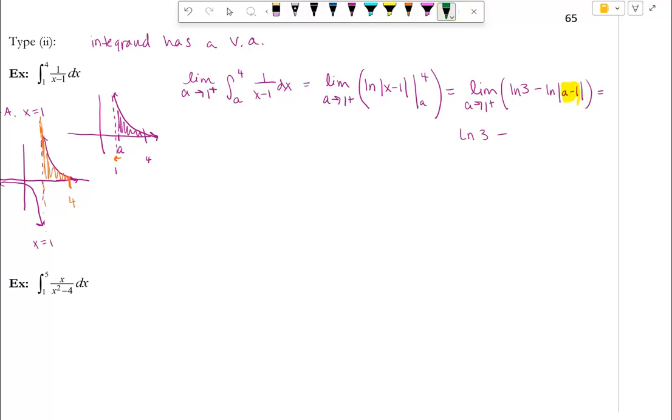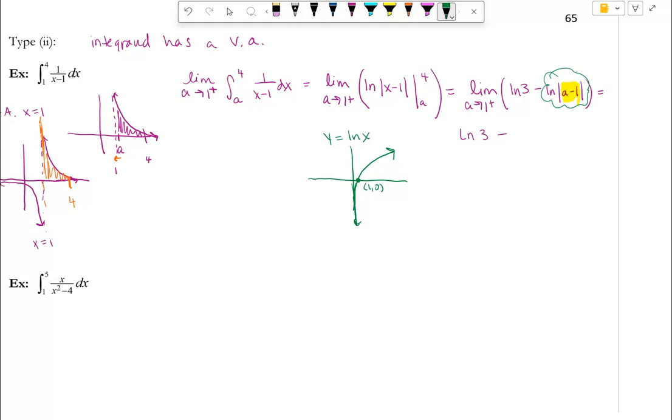So if I think about my graph of y equals ln of x, I know that the natural log of x has a vertical asymptote at x equals 0. And so if I'm just slightly more than 0, the natural log of a number that is slightly more than 0 is going to be going to negative infinity.